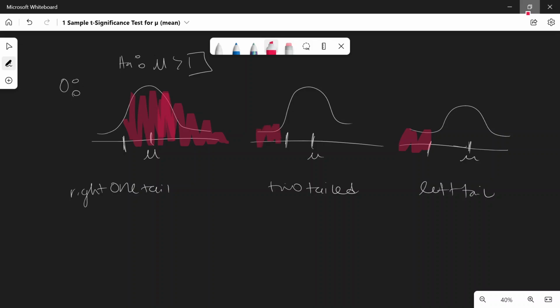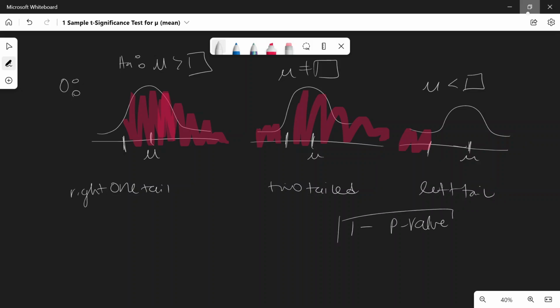And this is when we don't want any of it, we want the probability of not having any of this. This is when it's not equal to that certain value. This is when it is less than that certain value. So we're trying to find this one. I had to take the p-value and do 1 minus because it was less than.